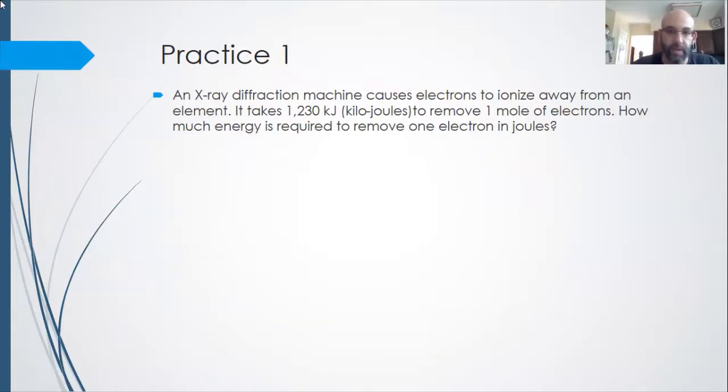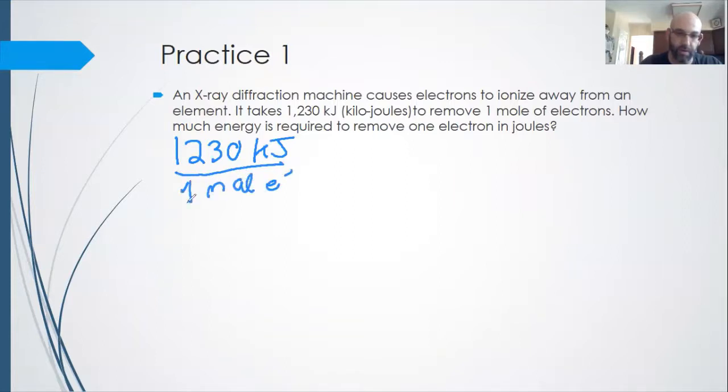Okay, so all we're doing here is just converting units. So we're starting with 1,230 kilojoules of energy, and that's per 1 mole of electrons. And the goal here is to change kilojoules to joules and moles of electrons to 1 lone electron. All right.